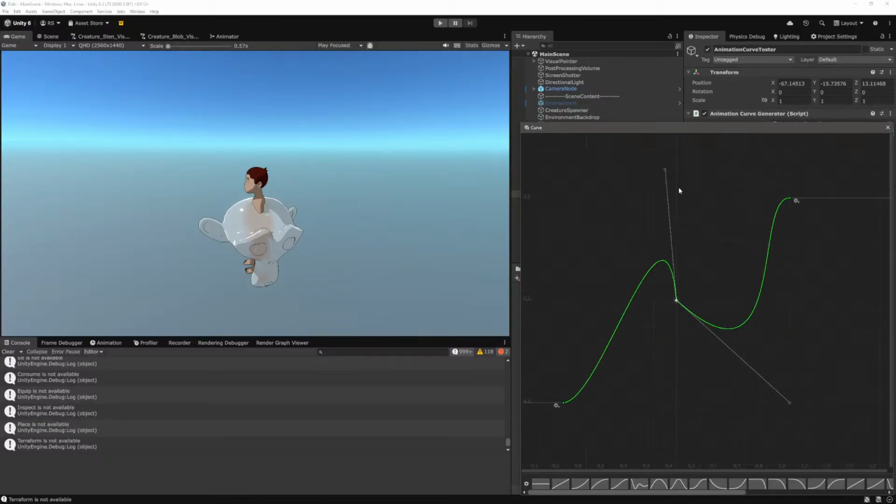But okay, let's see if I have finally understood how the keyframes, tangents, and stuff like that work for animation curves in Unity. The in tangent, the slope of it is decided by a float value.